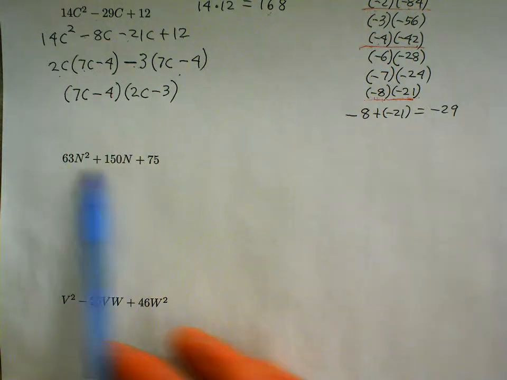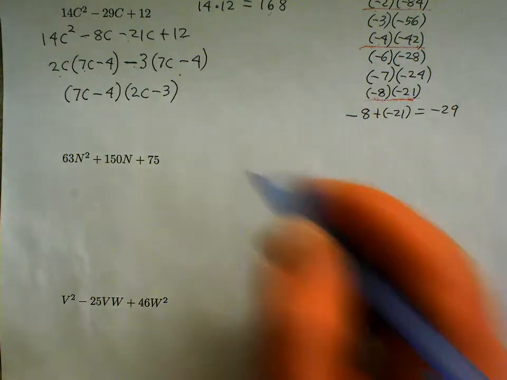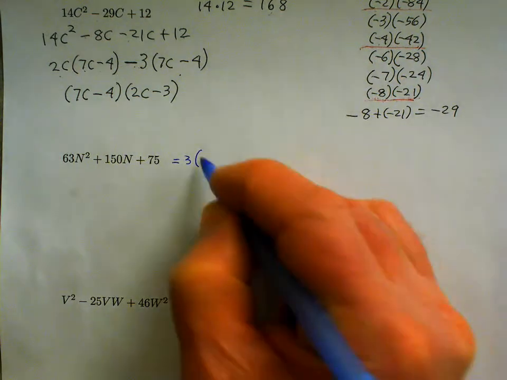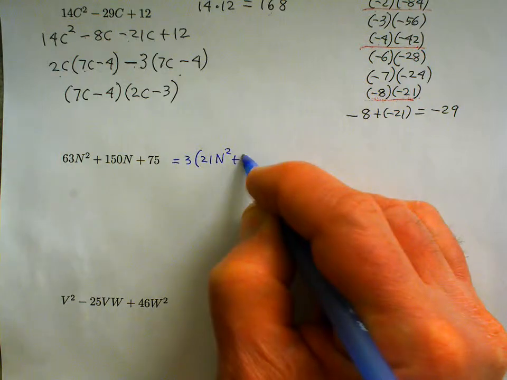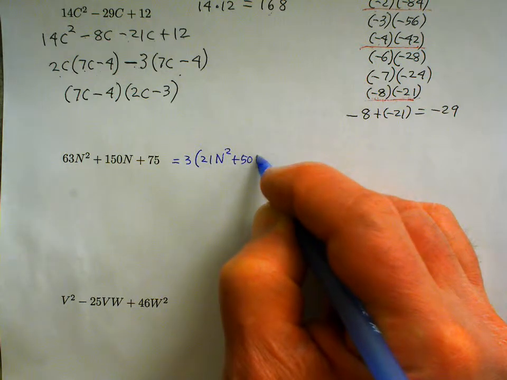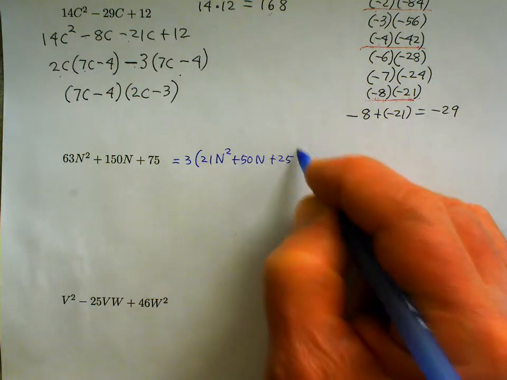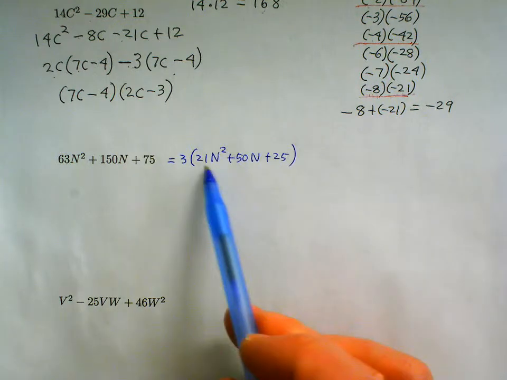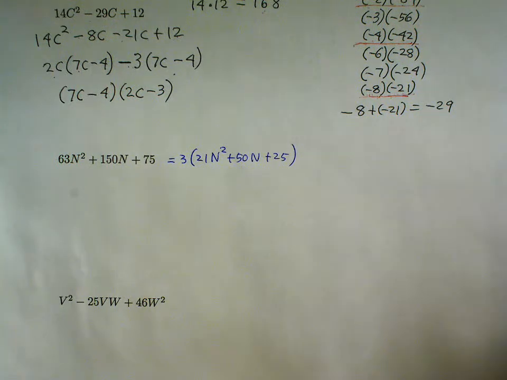So the first step: the greatest common factor is 3. So we factor 3 out, and we get 21n to the second plus 50n plus 25. And then we'll use the AC method on the trinomial.